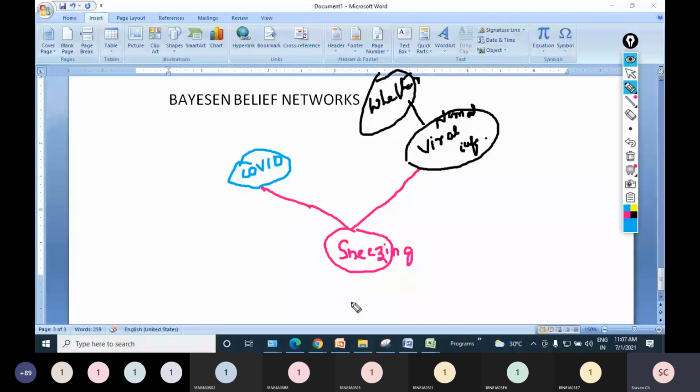Now, suppose it is because of COVID, right? Then again, maybe he got COVID. What are the reasons for getting COVID? Maybe this fellow attended a party the other night.